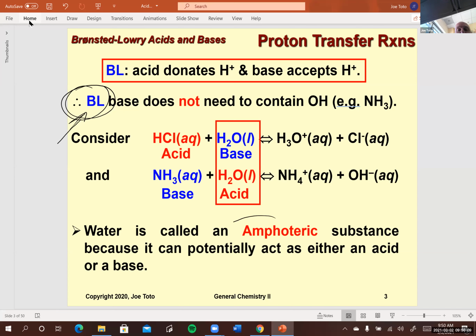Those type of compounds that can do either are called amphoteric. And in this example, in this plate, you see water is an example of an amphoteric species.